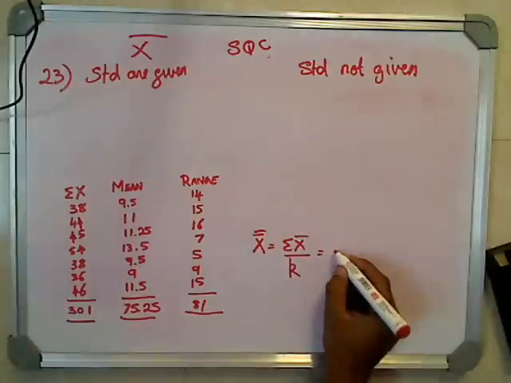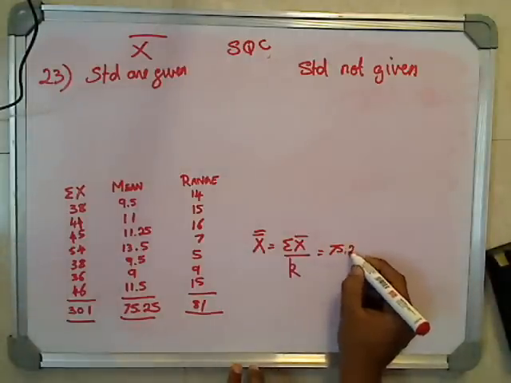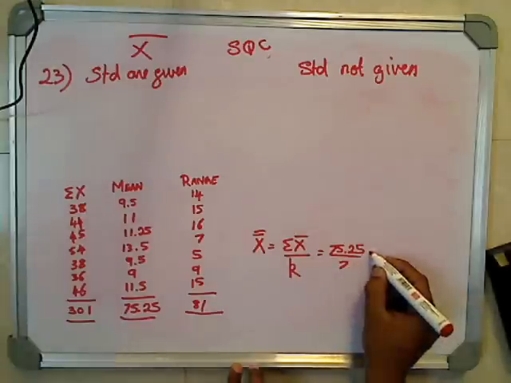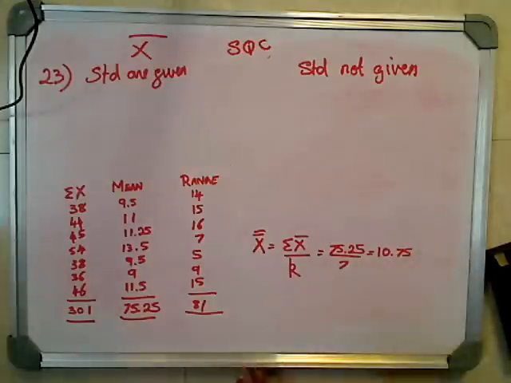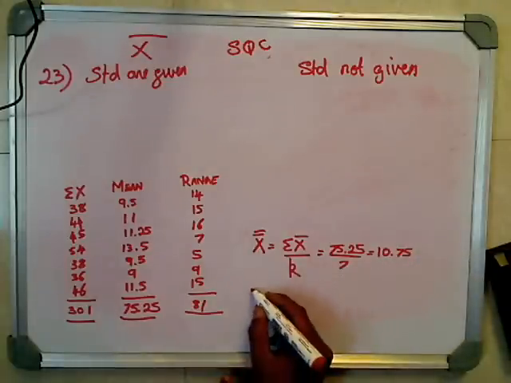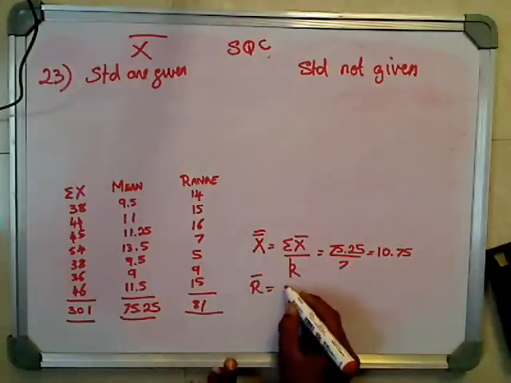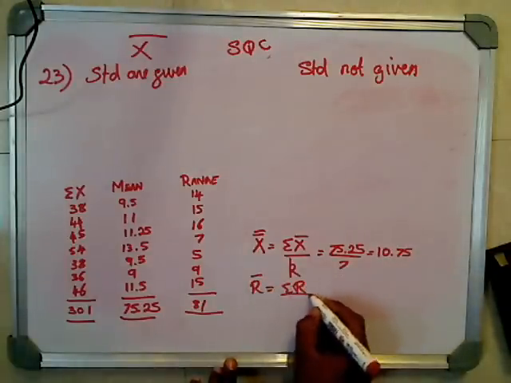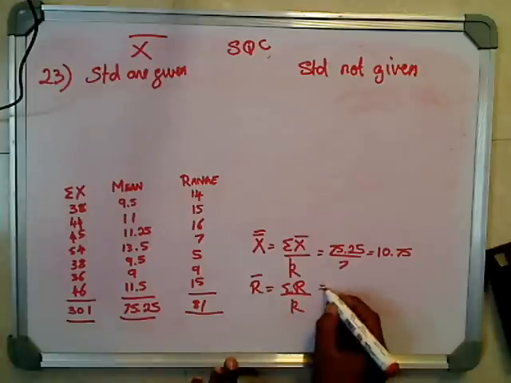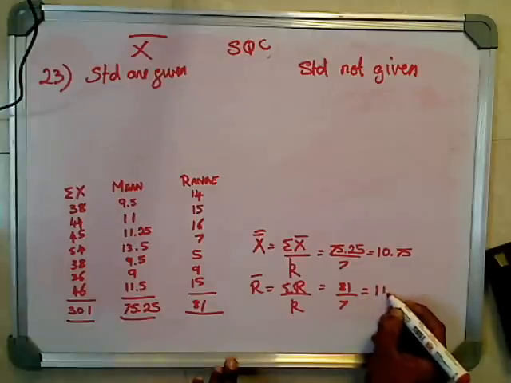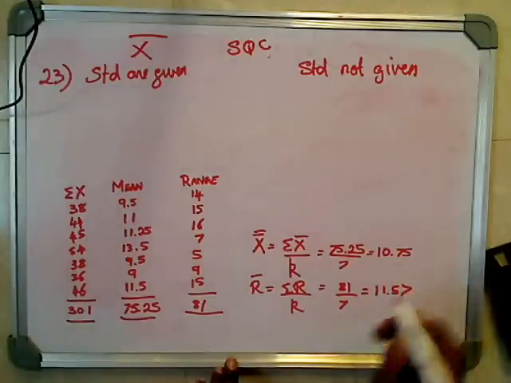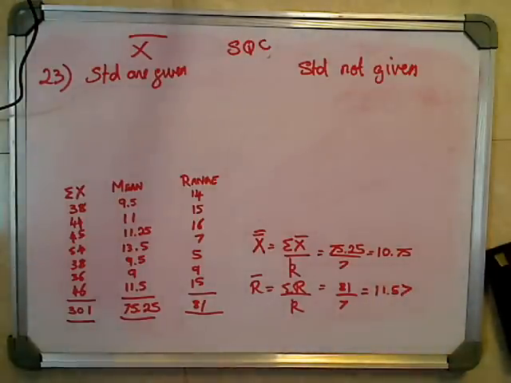So 75.25 divided by 7 is equal to 10.75. Now do the same for R: summation R divided by K, which is 81 divided by 7, which is 11.57.